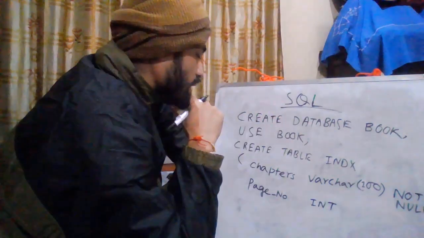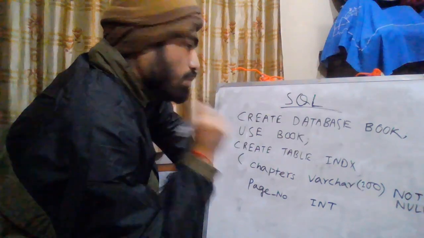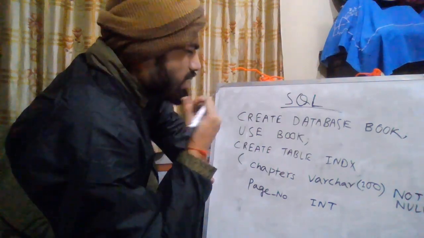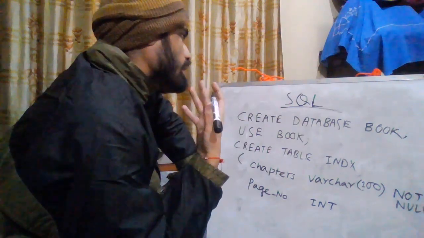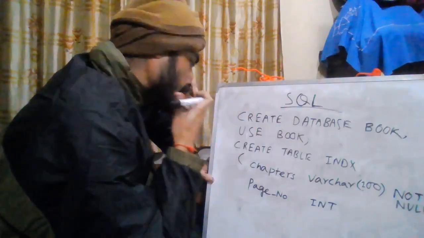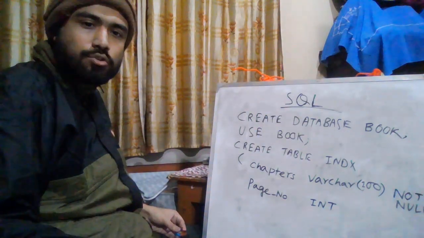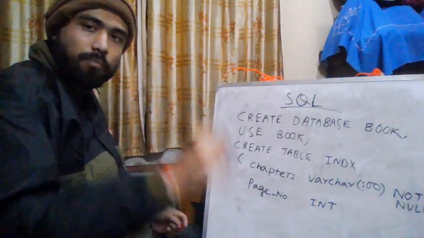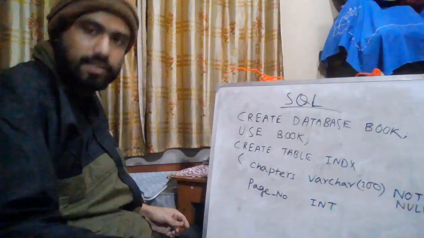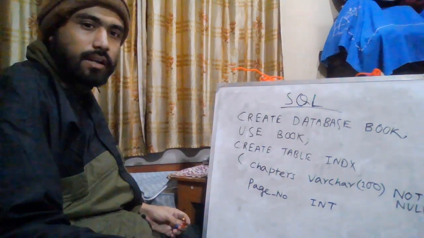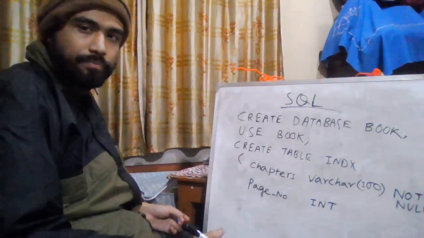Now page number integer. Now I know that page number is the unique value. Though in case of the index of a book, two chapters can have the same word, but they should not have exactly the same name. There cannot be two chapters of the same name.